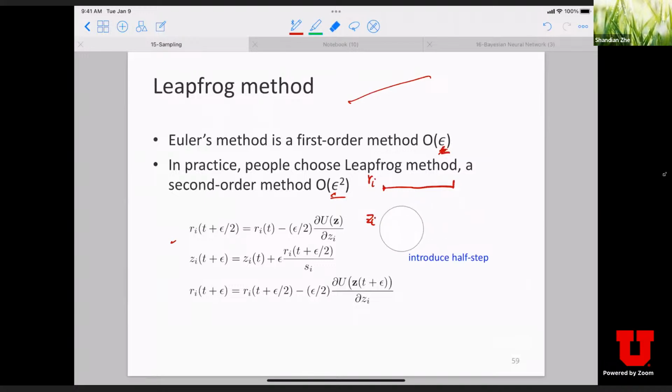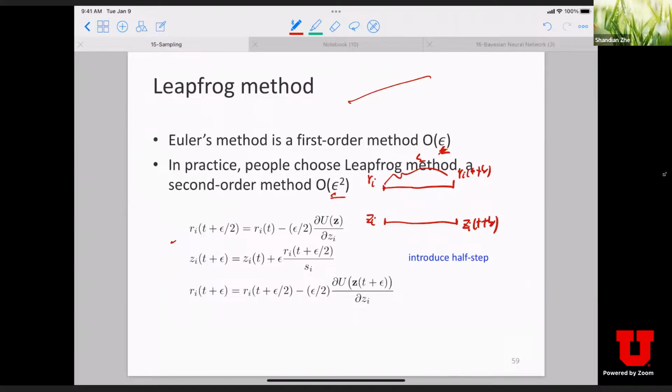Draw it a better way. This is your step size, epsilon. Your goal, in every iteration, is to compute my state at t plus epsilon. But I'm not going to directly apply Euler's method.